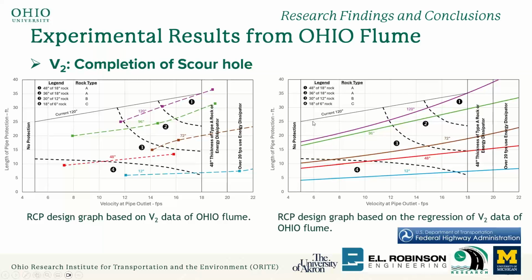And to compare how these curves compare to the current ODOT design curve. So this top line right here, this top curve is the current 120-inch LCP length curve. So it appears to us our curve shifts to the right of the current ODOT design chart.